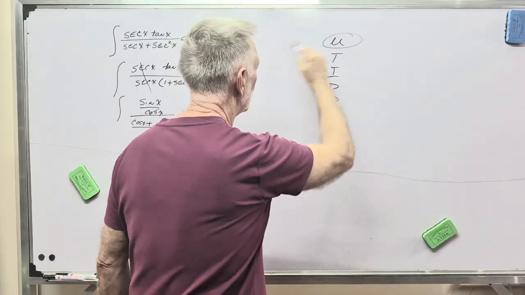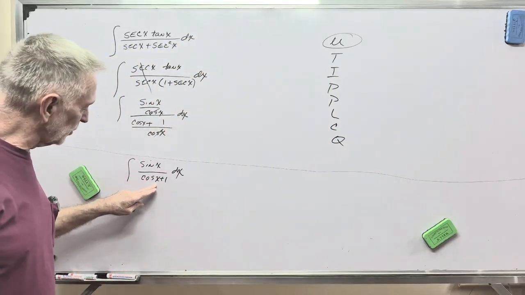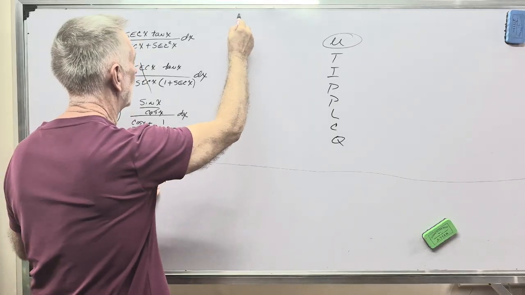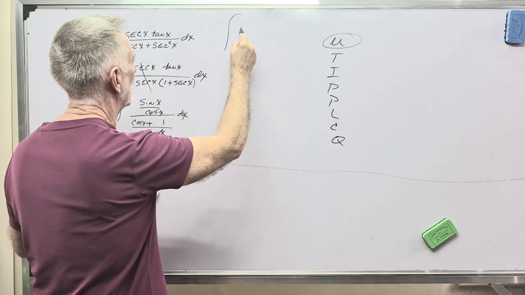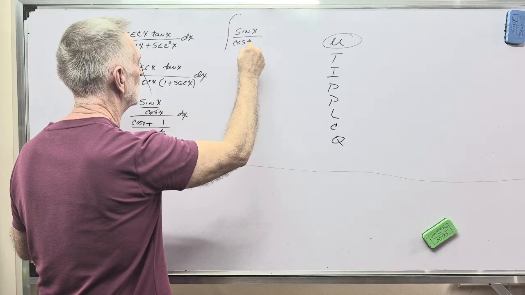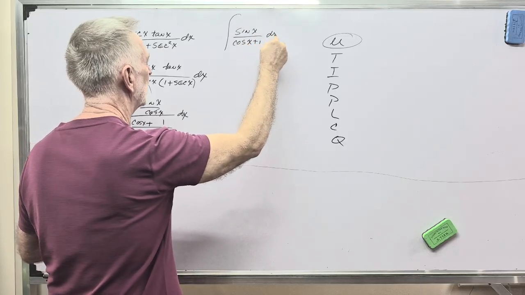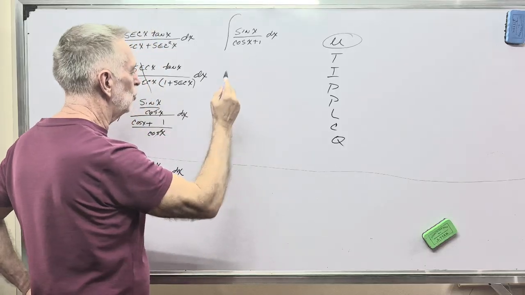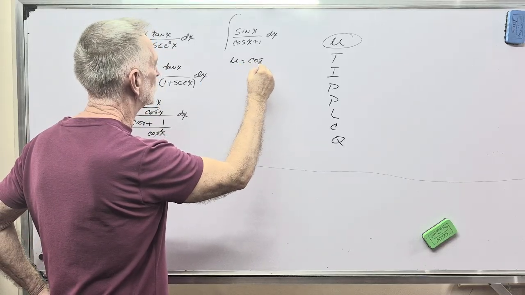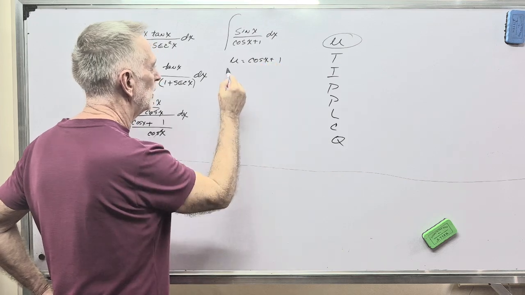Okay, u-sub. Let's go up here now. The integral of sine x over cosine x plus 1 dx. Let u equal cosine x plus 1.